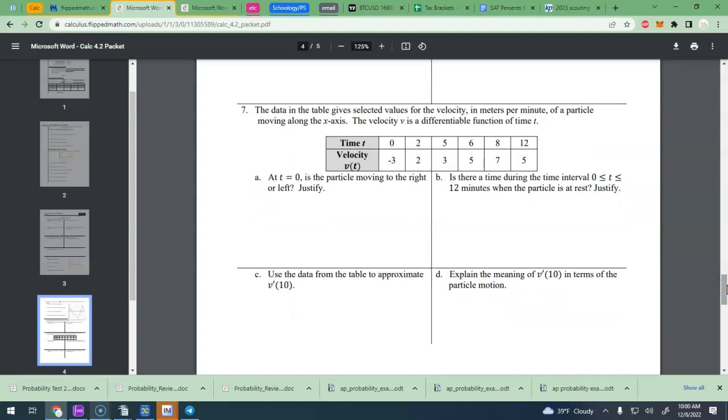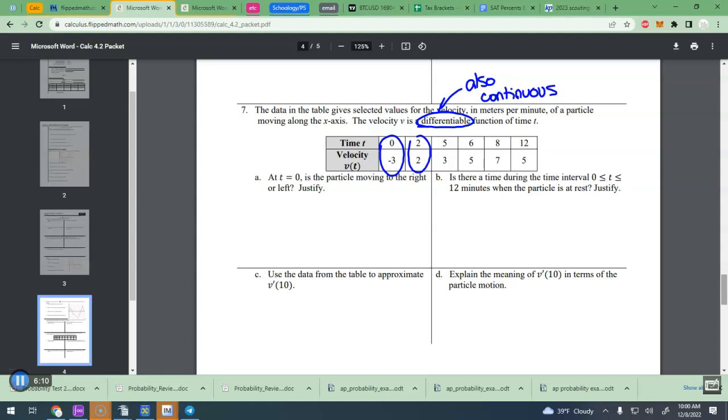Is there a time when the particle is at rest? Justify your answer. This is a differentiable function. If it's differentiable, we also know it's continuous. If you're moving backwards here and then forwards here, didn't I have to at some point stop and change directions? I might have stopped somewhere in here.